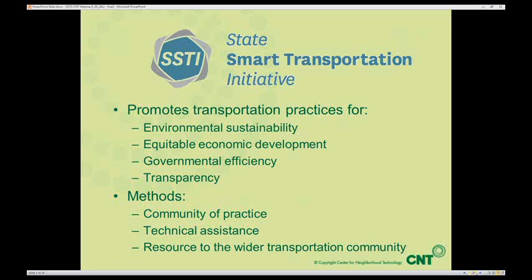In her 13 years at CNT, Jen has worked to promote urban sustainability in the areas of climate change, transportation, energy, stormwater, air pollution, household cost of living, working with a diverse set of clients, including the Clinton Foundation, the Chicago Climate Action Plan, and the President's Climate Action Plan. Jen has a master's in public policy from Harvard's Kennedy School of Government and a bachelor degree from UC Santa Cruz. And thank you very much, Jen, and I am going to turn it over to her.